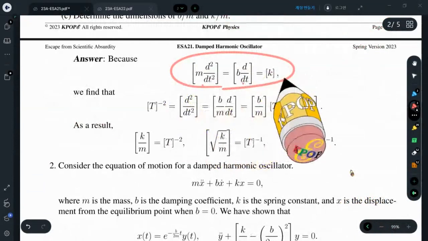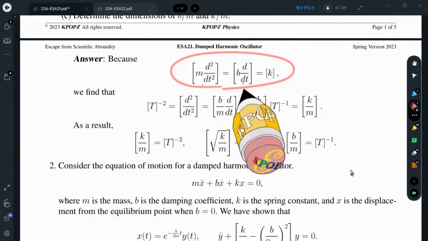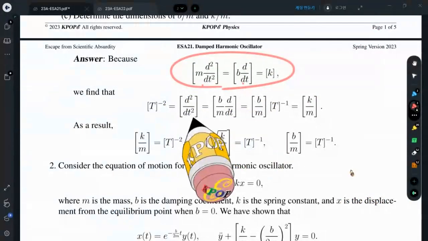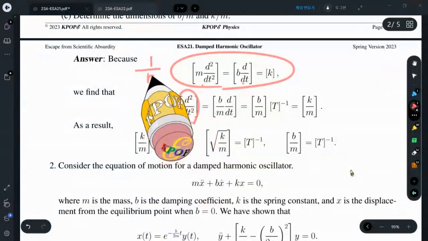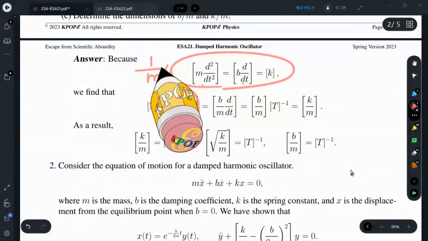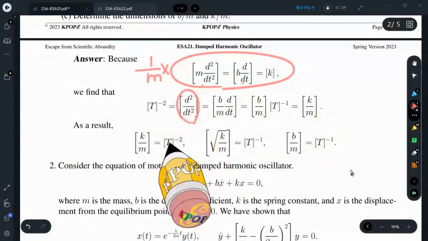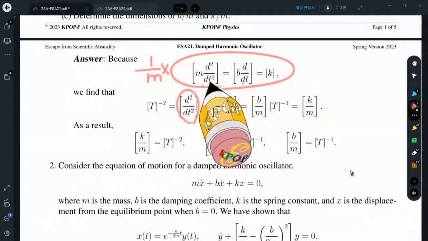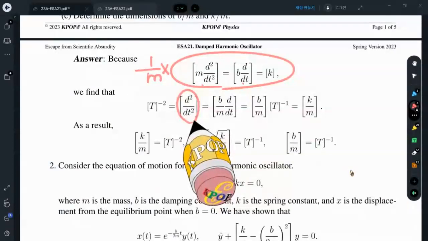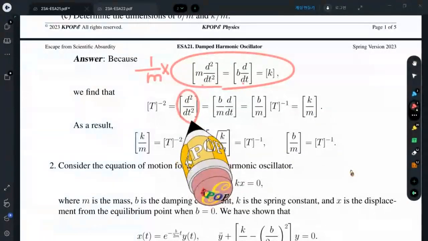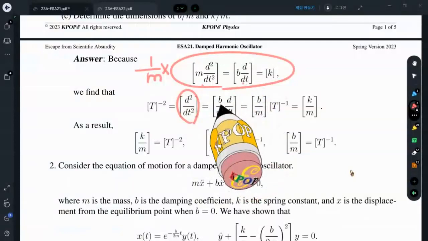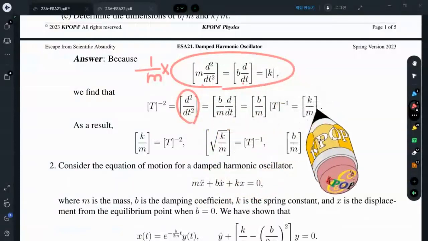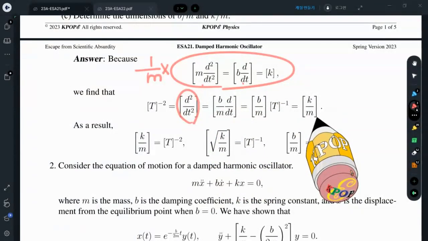Because these three objects are of the same dimensions, why don't we consider this? So we multiply the reciprocal of mass to this identity, then it becomes the time derivative operator twice, the first order time derivative times b over m, and the third one is k over m.